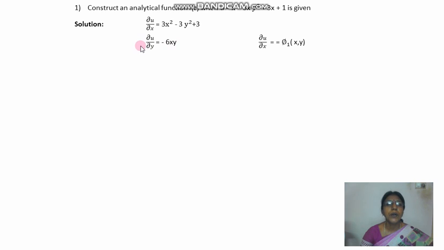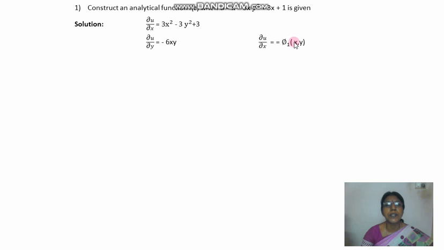You remember. Dou u by dou y, with respect to y: 0 minus 3x constant, y square derivative 2y. This is 0, this is 0, so only this term contains y. Now dou u by dou y is minus 6xy. This is pi 2.